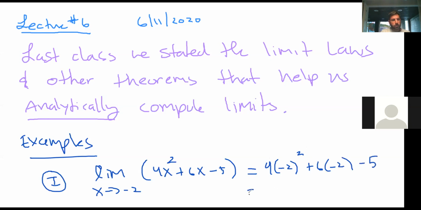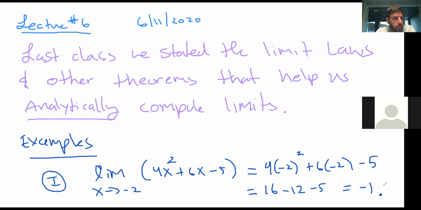If you do your arithmetic, that's 16 minus 12 minus 5, which simplifies to -1. So this is what we call a very direct and easy calculation.